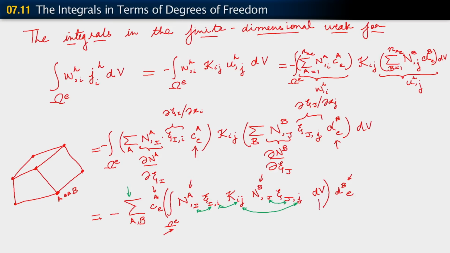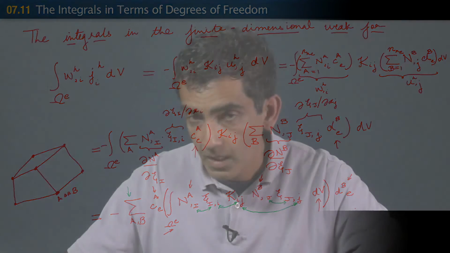And that elemental volume here really refers to the physical element. The next step we're going to take is to convert this also into an integral over the parent subdomain. So now we are properly changing variables into the parent subdomain.